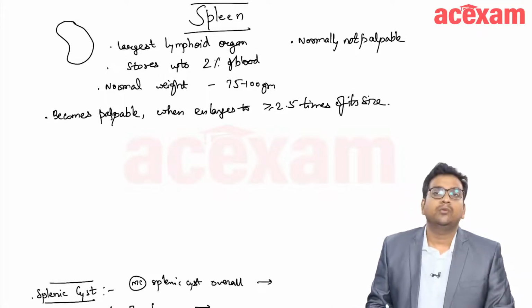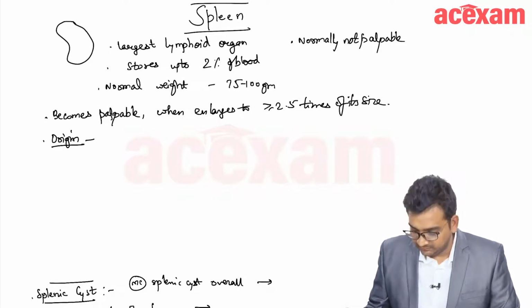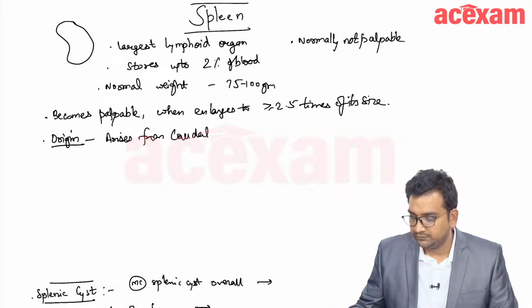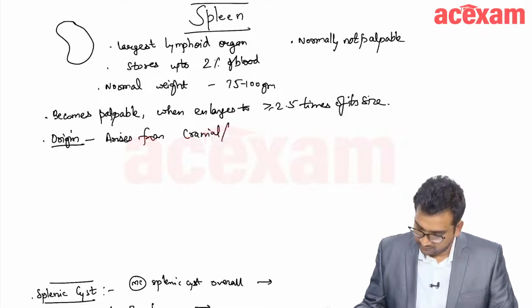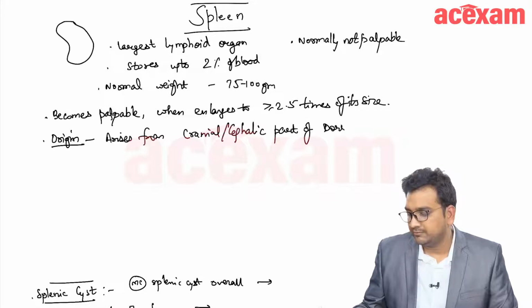Okay. Now, origin of spleen, MCQ: it arises from the cranial portion or the cephalic part of dorsal mesogastrium.